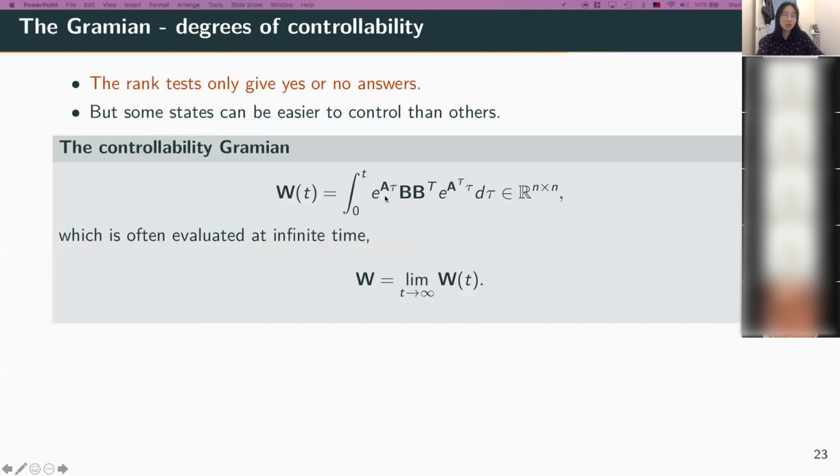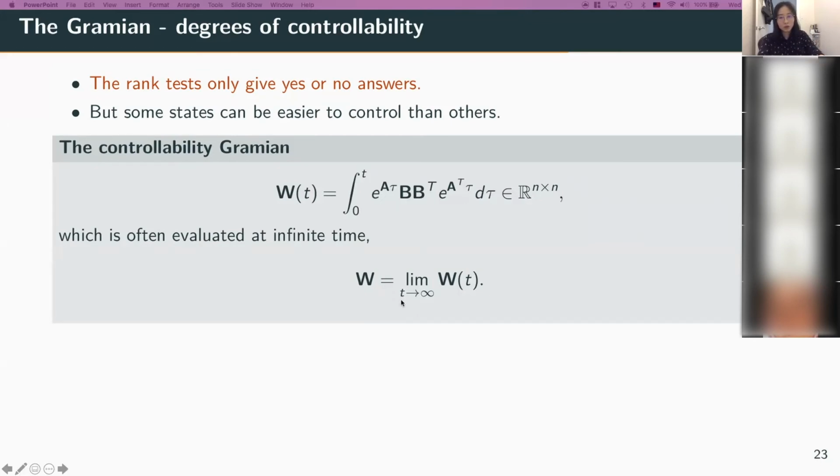And essentially, you just take the control matrix B transpose, and you sandwich that between the matrix exponentials e to the A t, or e to the A tau. And this is again an n by n matrix, and this matrix is often evaluated at infinite time by taking t to infinity.